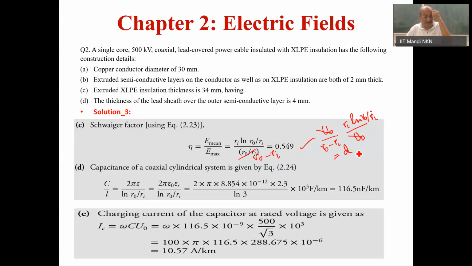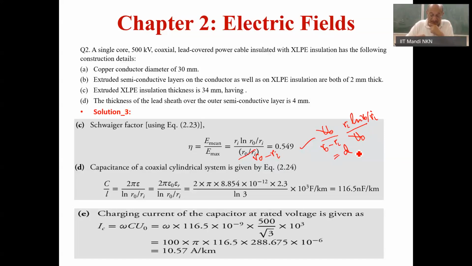the capacitance for this will work out to be, yeah, correctly, 2 pi epsilon naught into epsilon r, upon ln Ro by Ri. Ln Ro by Ri works out to be, yeah, 51 by 17 is 3, isn't it? Ro by Ri.